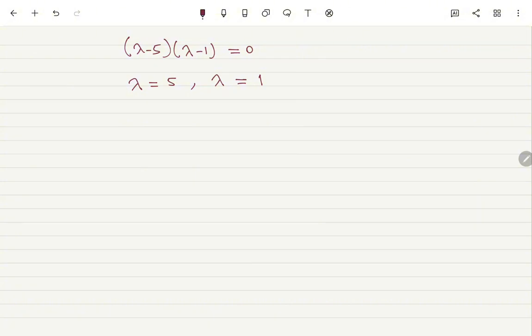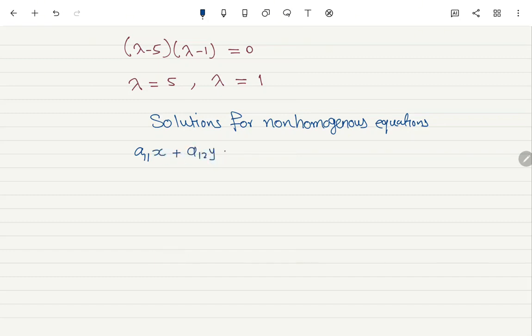So let's assume that a11 x plus a12 y plus a13 z equals d1.